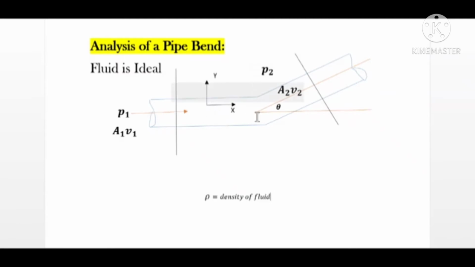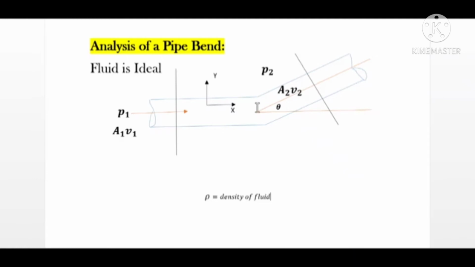because for this cross section you will have force only in x direction, but when you cross this bend, the flow is going at an inclination of theta degree and you will have both x component and y component. So for the whole bend we will have a resultant force that is a combination of x and y components.